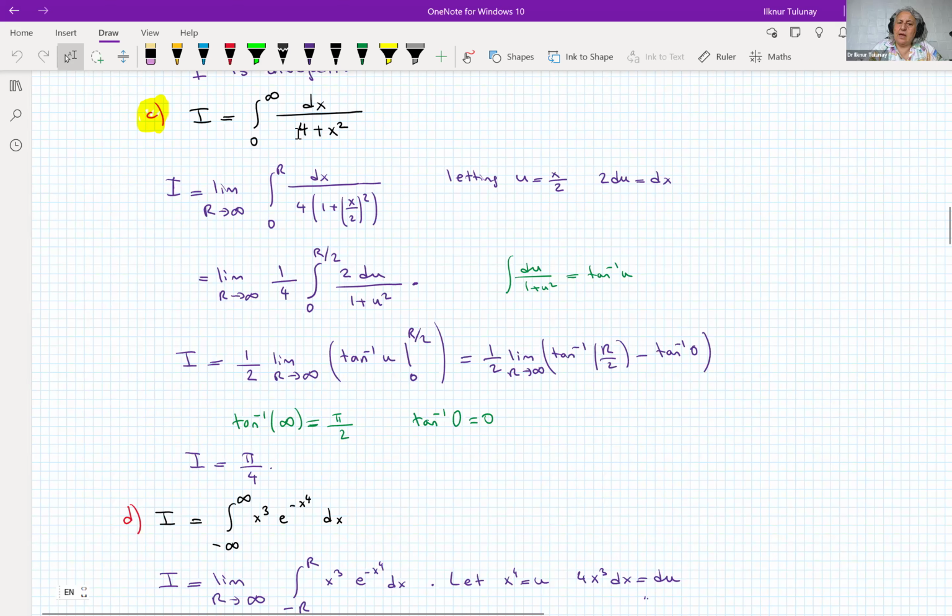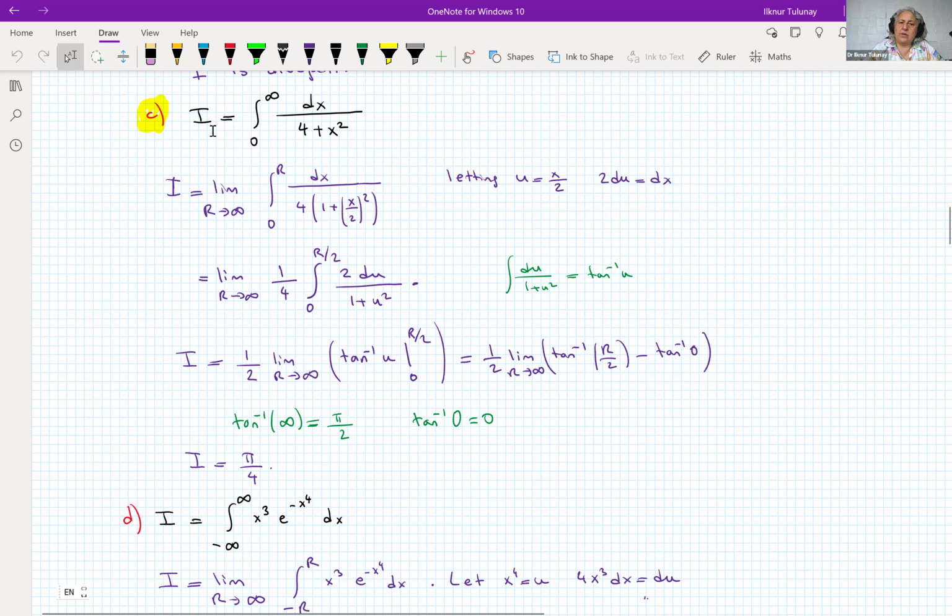So we would like to make this one similar to this. So taking the 4 out, that's a constant. We have x over 2. We can make x over 2 equal to u. Substitute this new variable. When we take the derivative, that will be du equals dx over 2. That is dx equals 2 du.